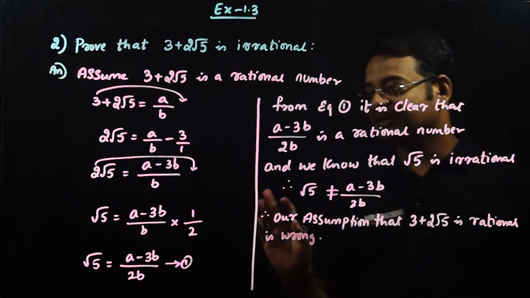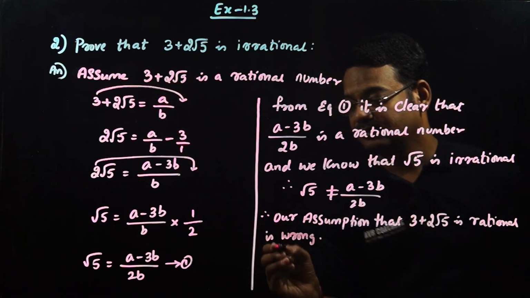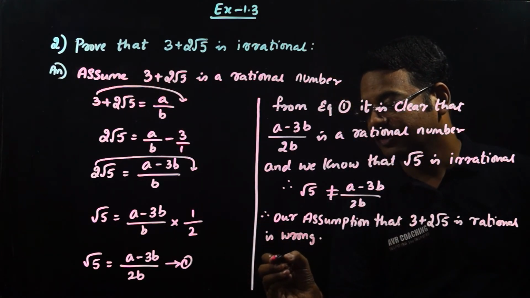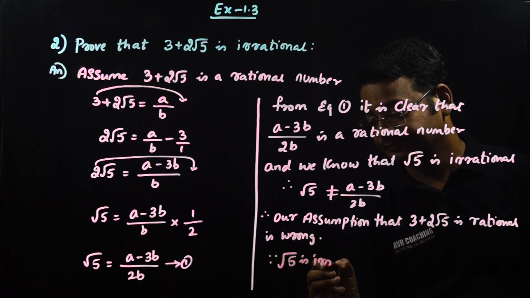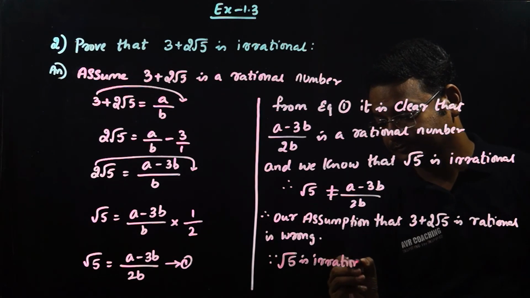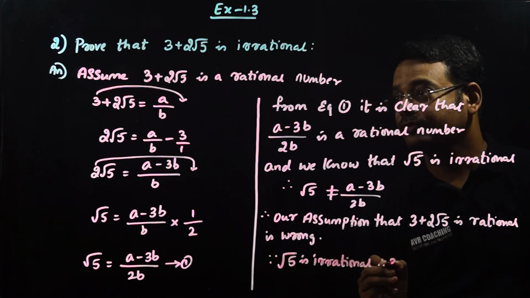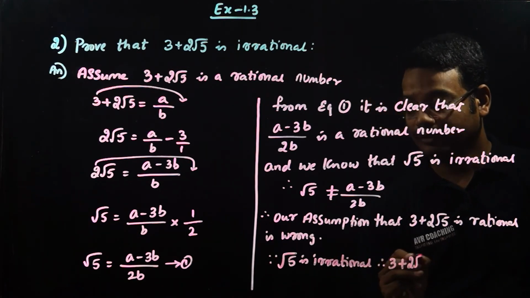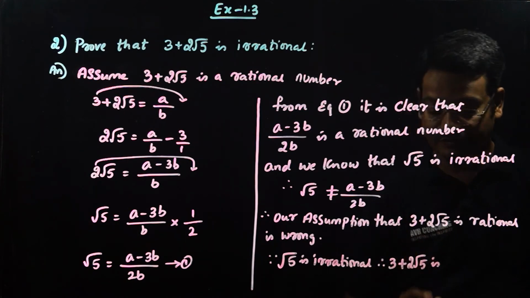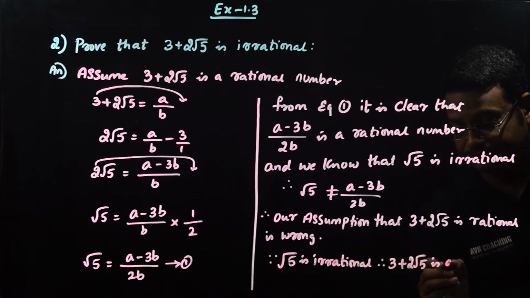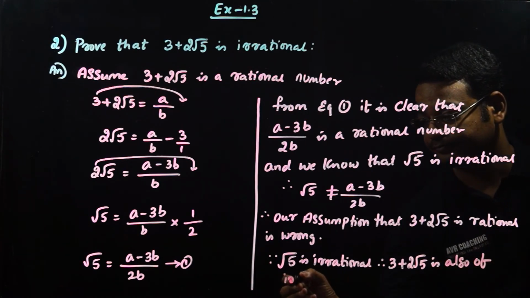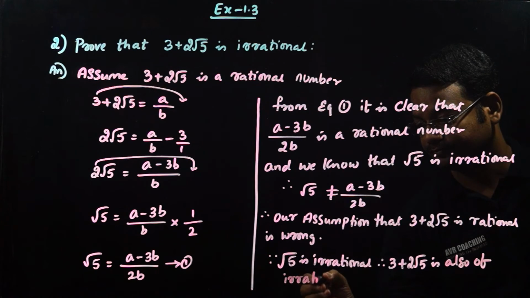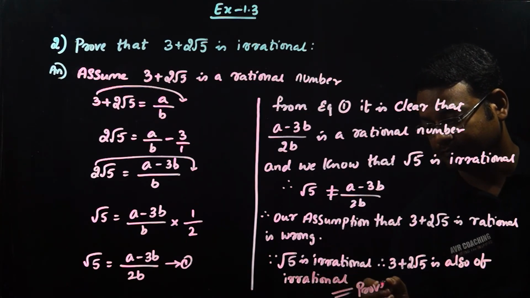Since root 5 is irrational, therefore 3 plus 2 root 5 is also irrational. Proved.